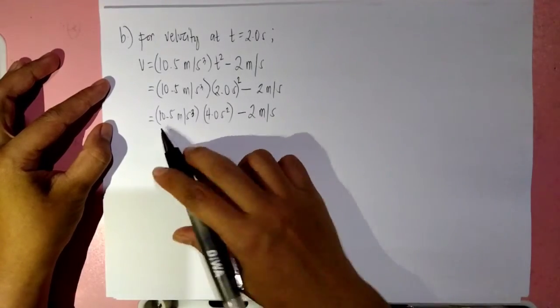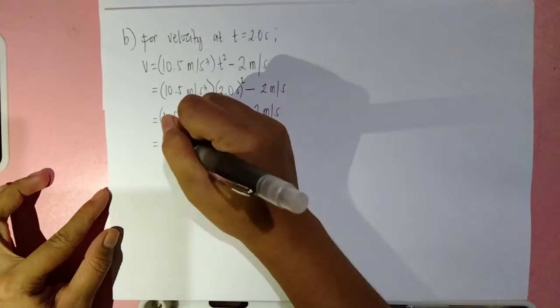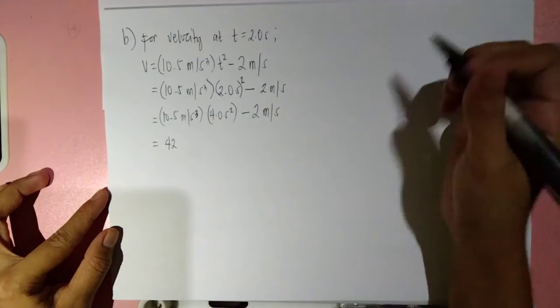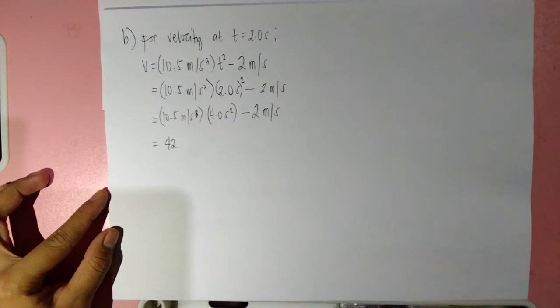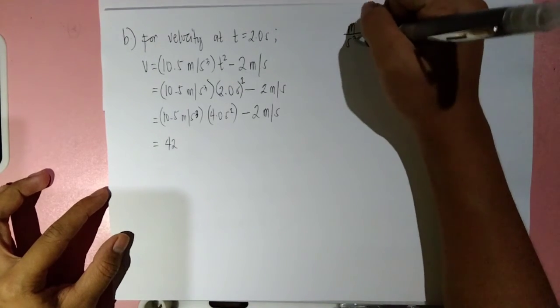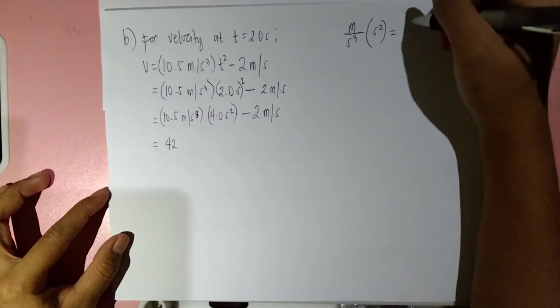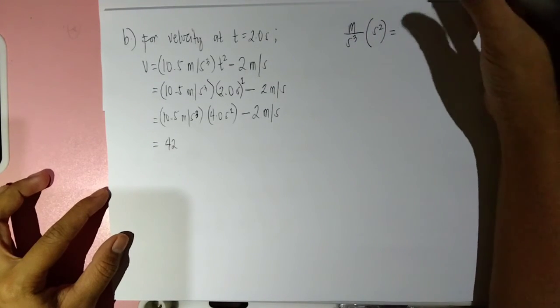Alright, so 4 times 10.5 is 42. And then what happens to the unit? I'm going to show it here. Meter per second cube times second squared.